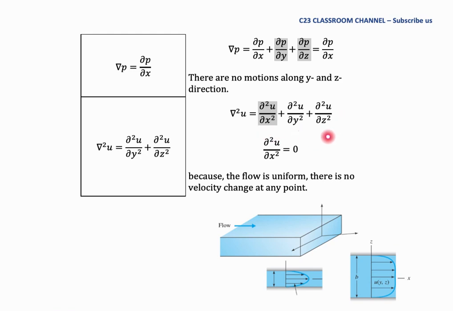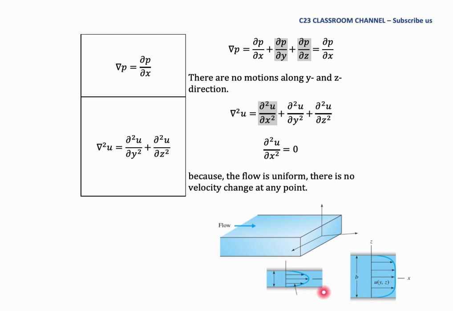In this question, we could take del square u over del x square to be equal to 0 because the flow is uniform and there is no velocity change at any point. You may also refer to this term in this diagram. For example, this is the side view of the velocity profile, and this is the x-axis.